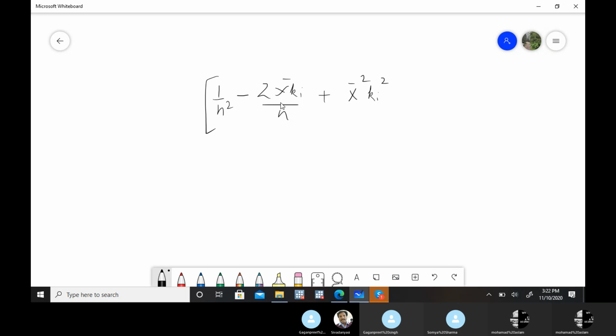A square plus b square minus 2ab. So you can just put these values here.